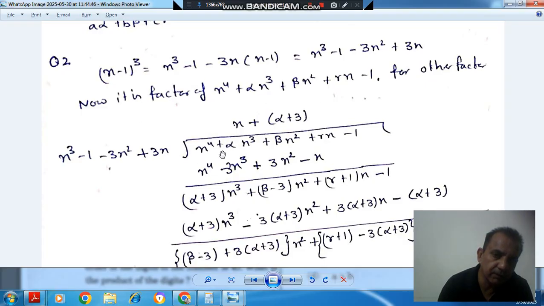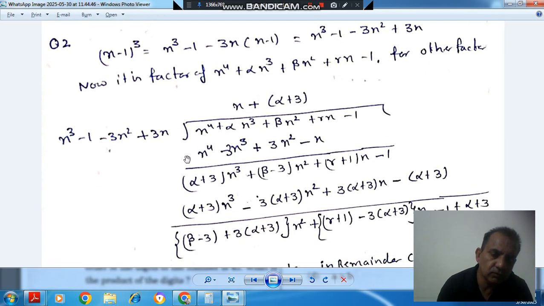Keeping x^4 plus alpha x cube plus beta x square plus gamma x minus 1 here, and keeping this (x minus 1) cube here, multiplying it by x, it will be x^4 minus 3x cube plus 3x square minus x.